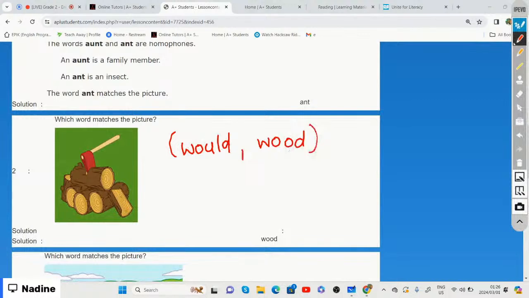Would or wood, which is would, W-O-U-L-D, or W-O-O-D. Wood, which is your logs, which you can use to make fire. So we need to choose the correct word.